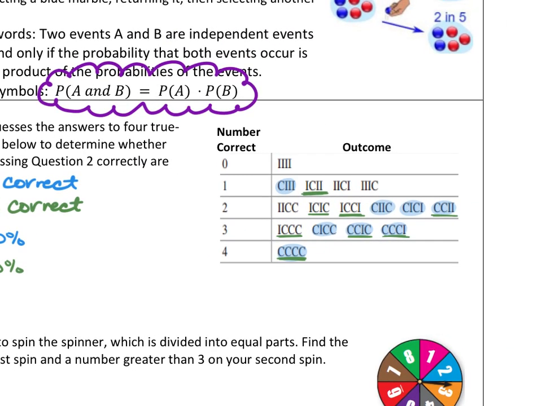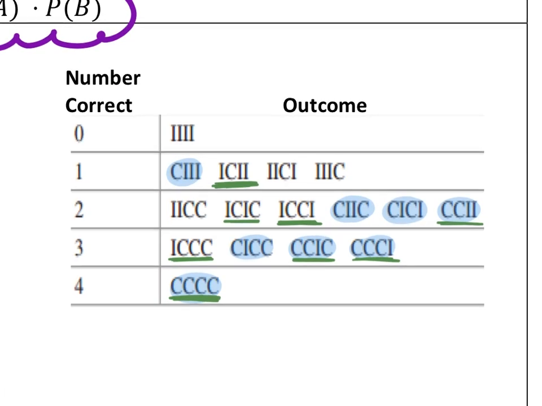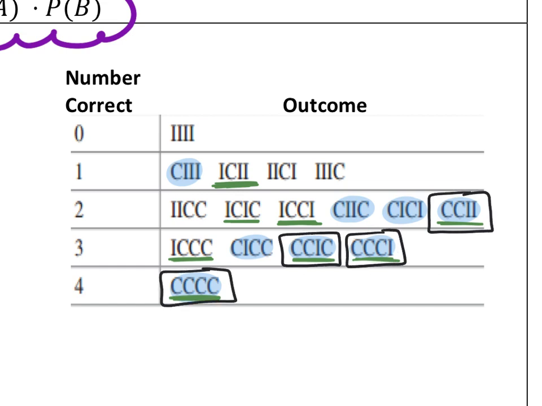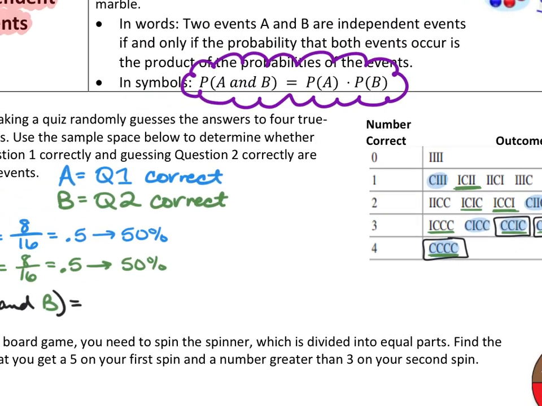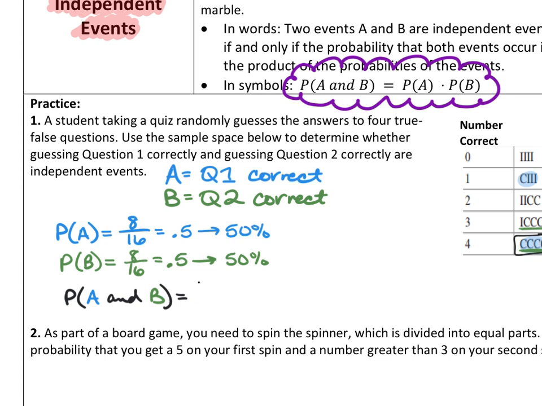For example, I'm looking for one where the first and second letter is C, like this one. How many other times are both the first and second letter correct? Look through your sample space, see if you can find them. How many did you find? 4. We have 1, 2, 3, 4 times that the first and second letter were C. So that probability is 4 out of my total of 16.